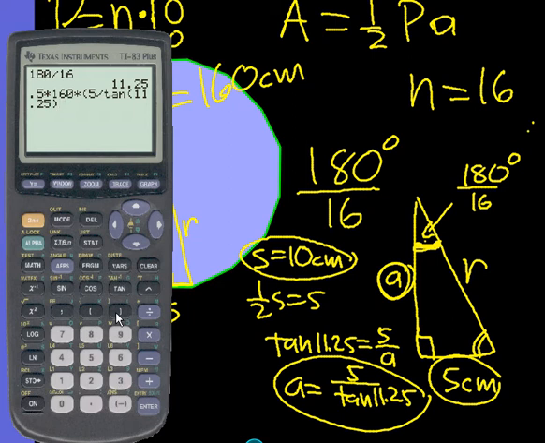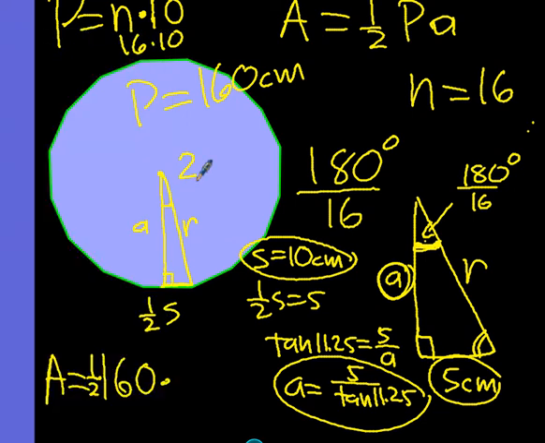And that should be it. I want to check and make sure. I've got the 5, the 160, it's 0.5, 160, 5 over tangent 11.25. That all makes sense. 2010.936 centimeters squared. I'm going to keep 3 decimals. It's not an application.